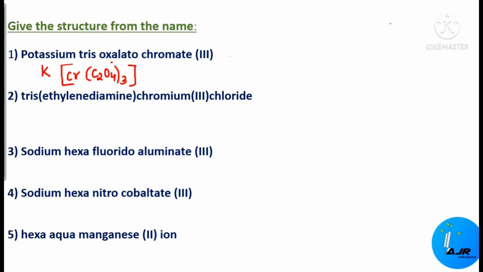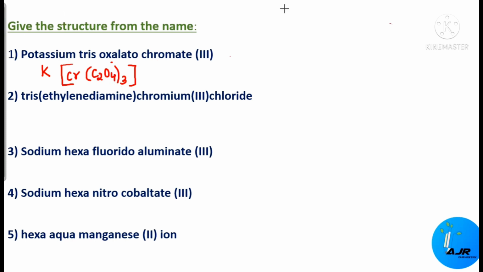Now we are supposed to give the number of potassium. That should be given. How to give that? Only if we know the charge on this anionic complex is it possible to give the number of potassium. How to fix this charge?